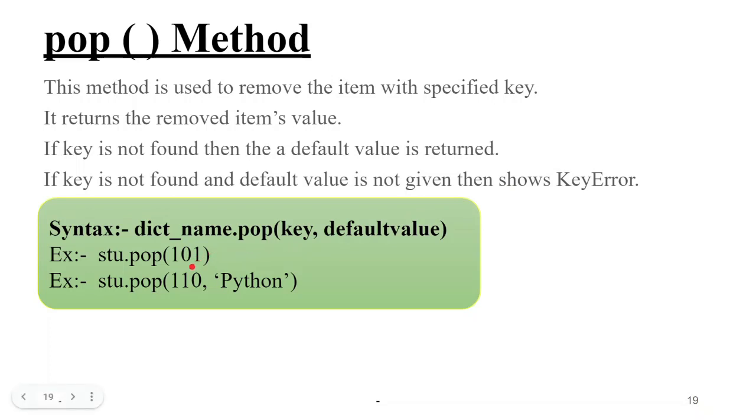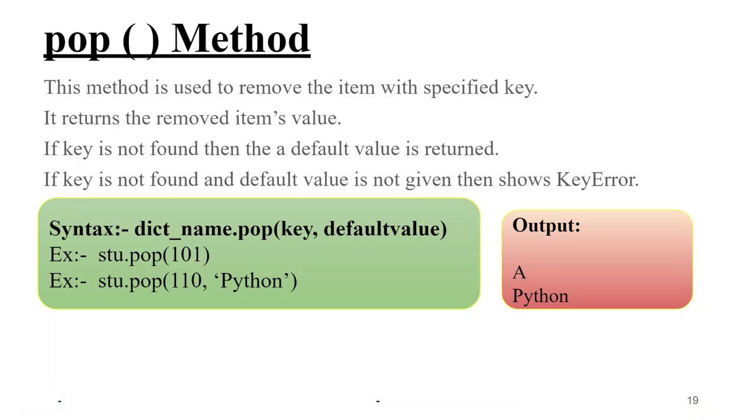If the key is present in the dictionary, it removes that key from the dictionary and returns the item's value. And if the key is not present, it returns the default value. If there is no default value either, it shows the key error.